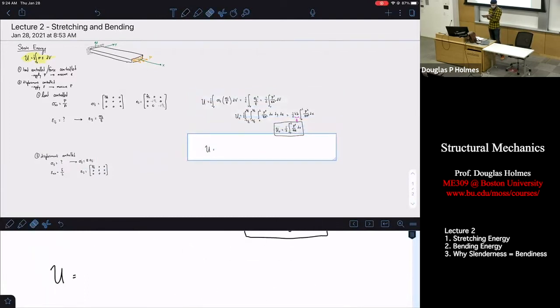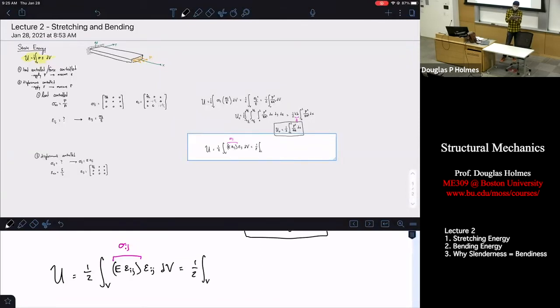Here my strain energy is going to be 1/2 times the integral over the volume of E times epsilon ij, that's my stress sigma ij from Hooke's law, times my epsilon ij, and I'm integrating that over the volume. Again, we can simplify this: 1/2 the integral over the volume of E times epsilon ij squared dV.